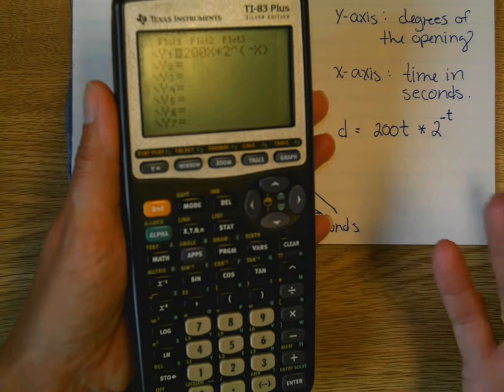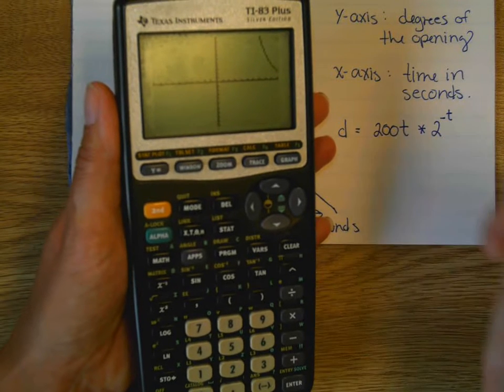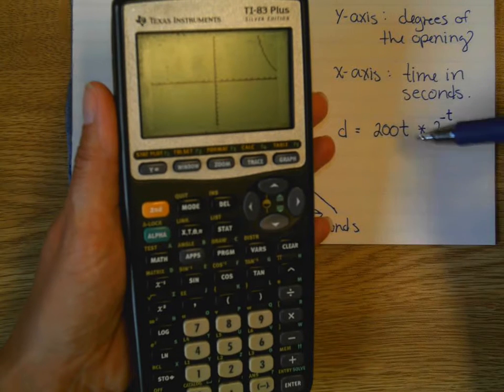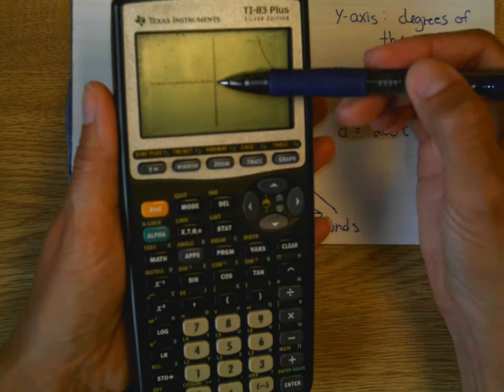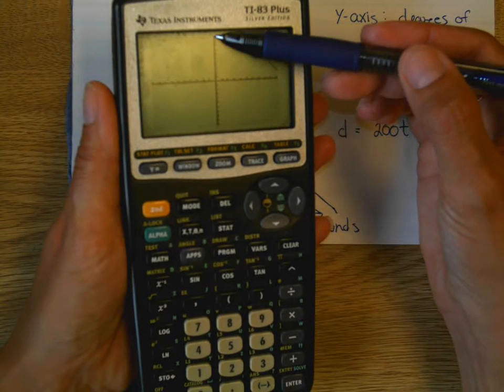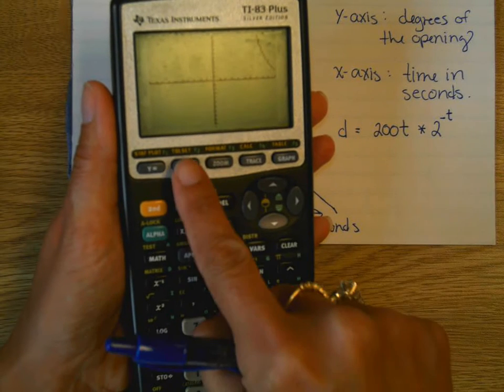Now if you just hit graph, you may not see anything. You can catch a little bit of the graph over here. The reason we're not seeing it is the window's not quite right. Remember, on a standard window, this is only going 0 to 10, and this is degrees. So this was only showing me the first 10 degrees of the opening. So we're going to go to Window.